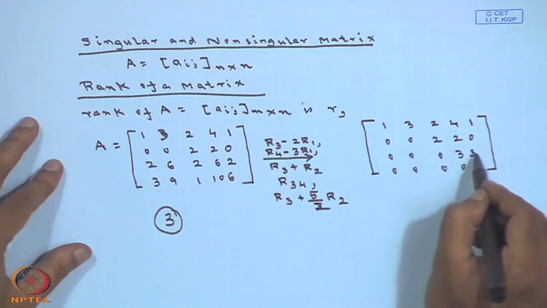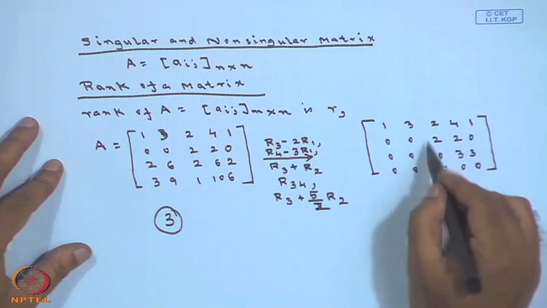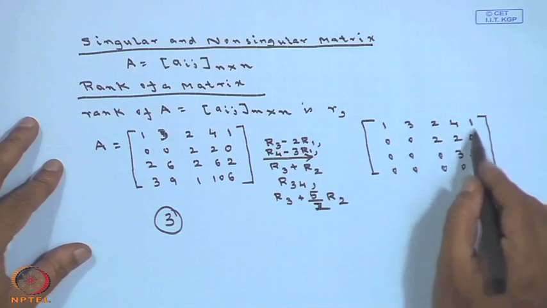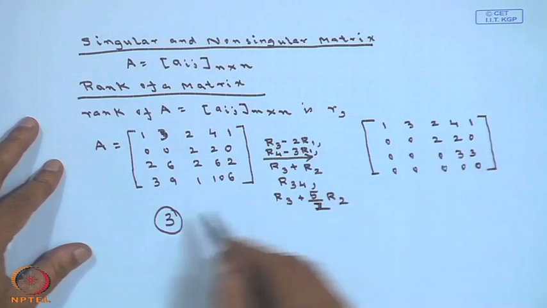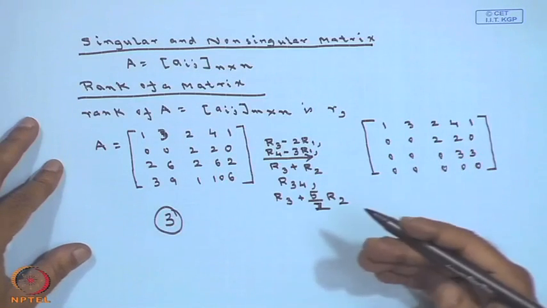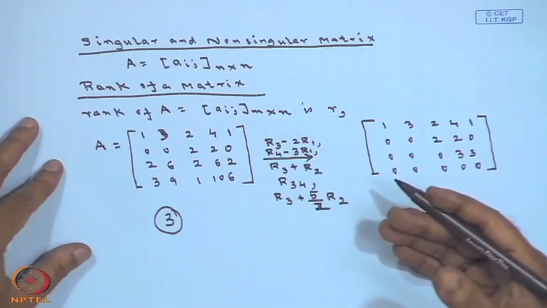But if you take one determinant of order 3, it will be non-zero. Therefore, the rank is 3. So, rank is the order for which the minor has non-zero determinant, or the minor is non-singular. This we call the rank of the matrix.